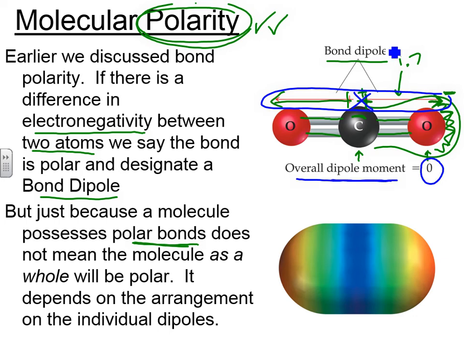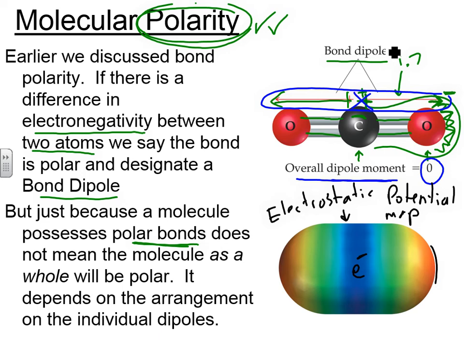What you see below is a little picture called an electrostatic potential map. Fancy word. I'm all for fancy words. Electrostatic potential map. What this does is it shows you electron density: blue would be high electron density, and red would be low. Oh no, that's backwards, apologize.